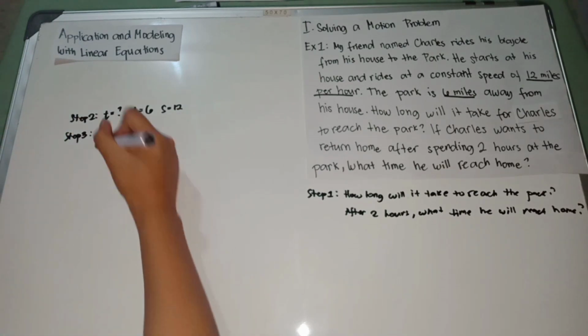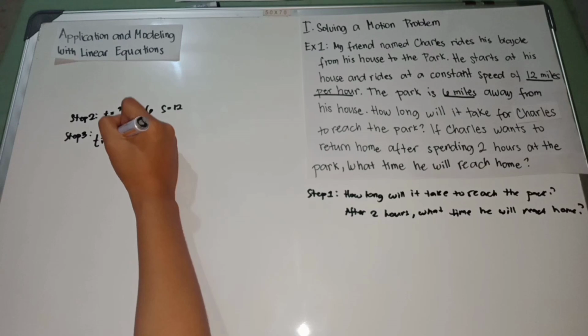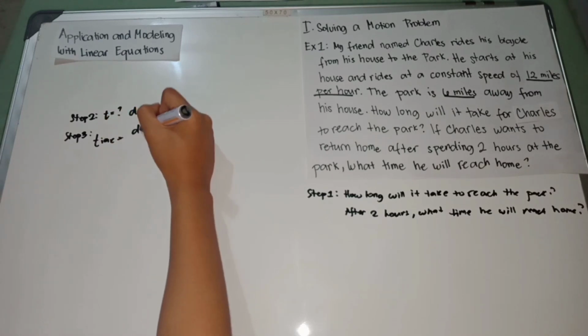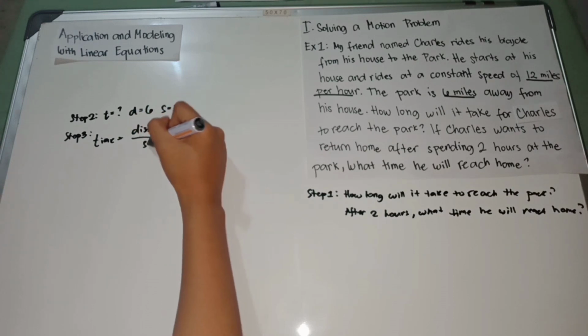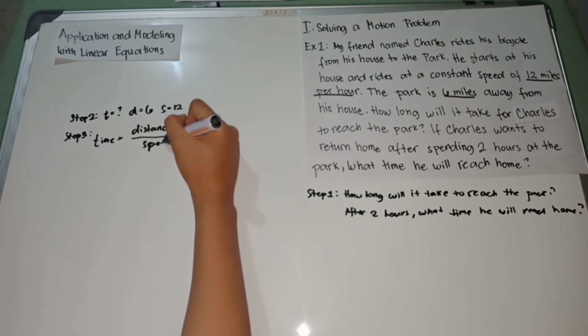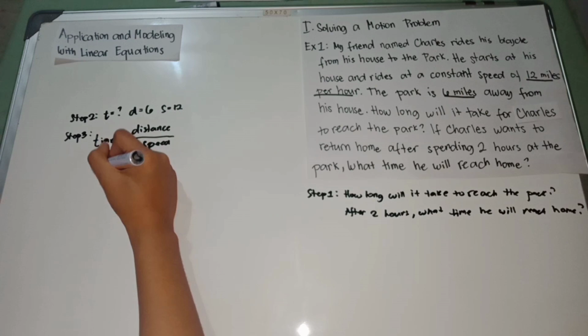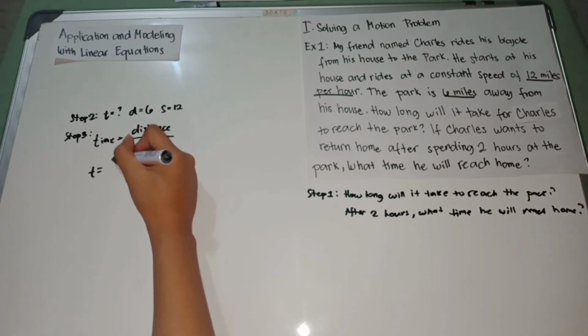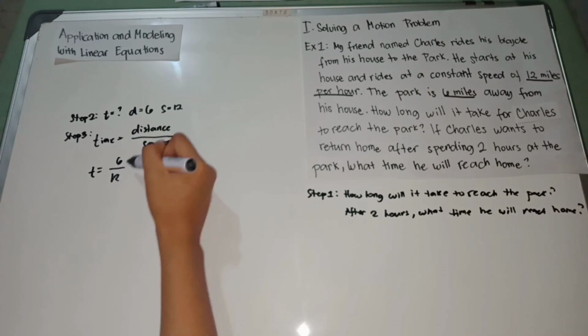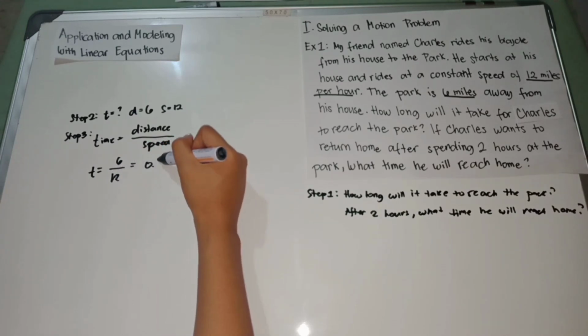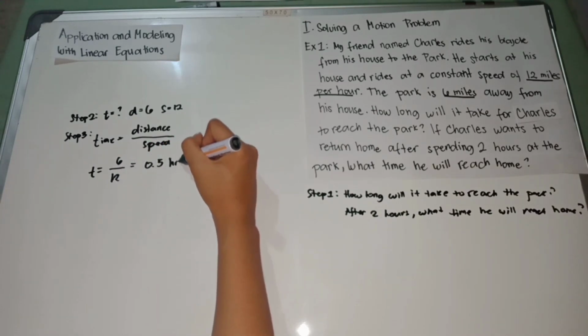For our equation, we will use time equals distance over speed. So t is equal to d, distance is 6, speed is 12, so we have 0.5 hours.